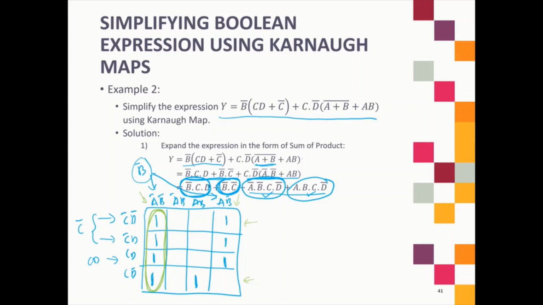So meaning that instead of just looping 2 cells, you can take the value between this value and this value. So that's why you can loop like this. Okay, so this is a 4 cell loop. One loop has 4 cells.